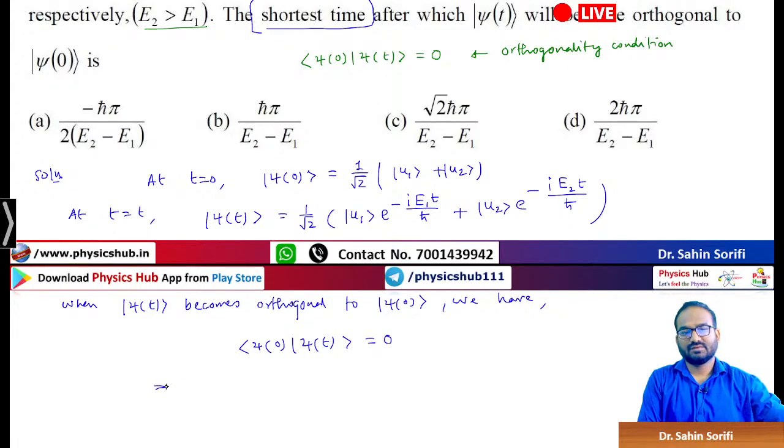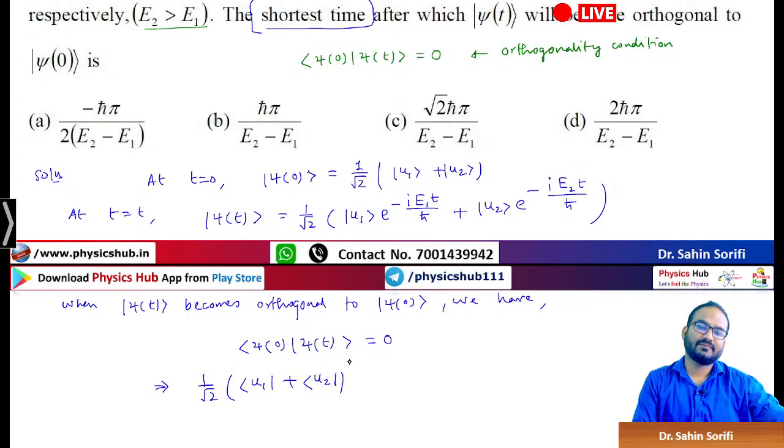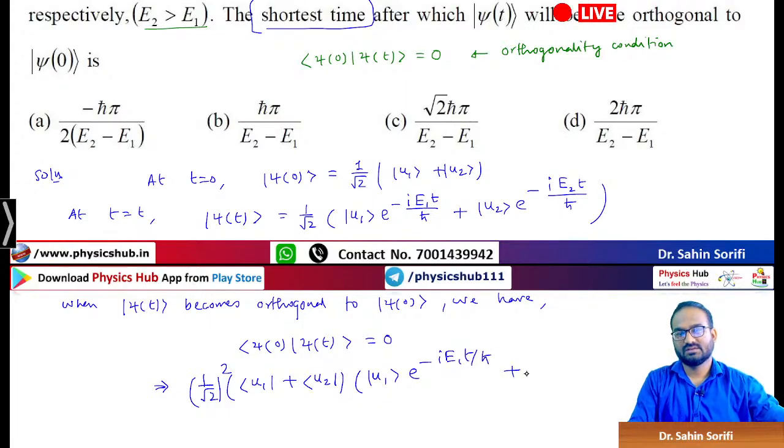Now you see bra psi 0, so this one is 1 by root 2 (bra u1 plus bra u2), and ket psi t is 1 by root 2, square it, u1 e to the power minus i E1 t by h cut plus u2 e to the power minus i E2 t by h cut, is equal to 0.